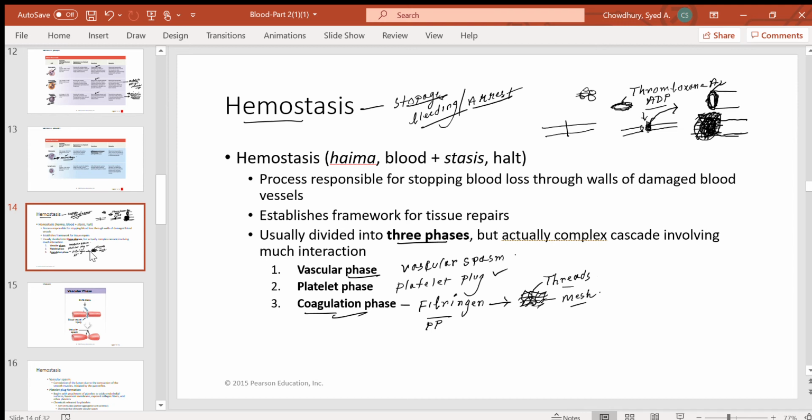So coagulation is the last step in which the fibrinogen plasma protein is converted to threads, and threads will form a network or mesh, okay, to stabilize the clot. So these are the 3 phases of hemostasis.